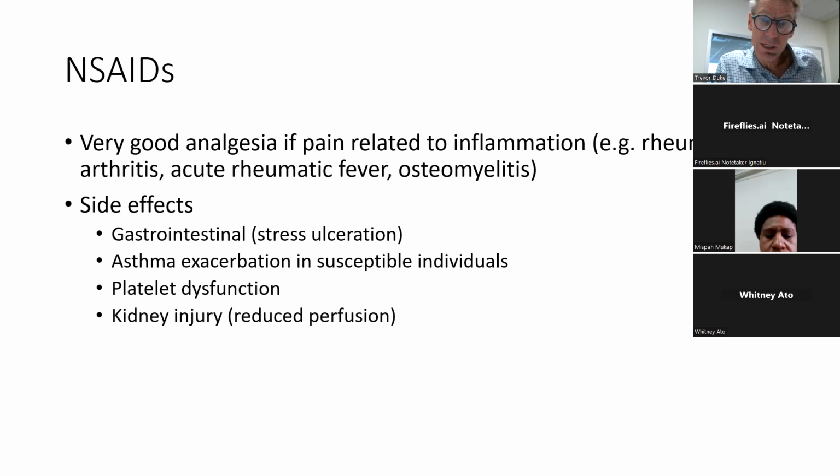So when you start non-steroidal anti-inflammatory drugs, whether it's aspirin or whether it's ibuprofen, then there will be some dysfunction of platelets. Usually that doesn't cause a major problem, but it can do in some people. For example, if you've already got thrombocytopenia and you add non-steroidals on top of that, then whatever platelets you've got left will be maybe dysfunctional.